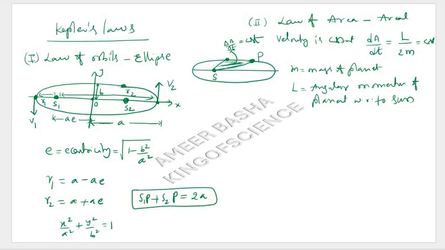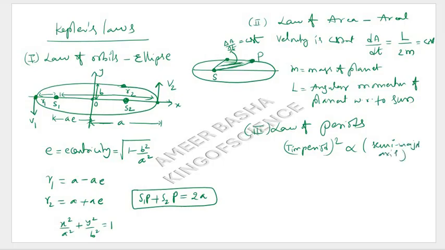Then finally the important law is the law of periods. What is this? The time period square, the time to complete one revolution for a planet around the sun, is directly proportional to the semi-major axis length cube. So T square is directly proportional to a cube.